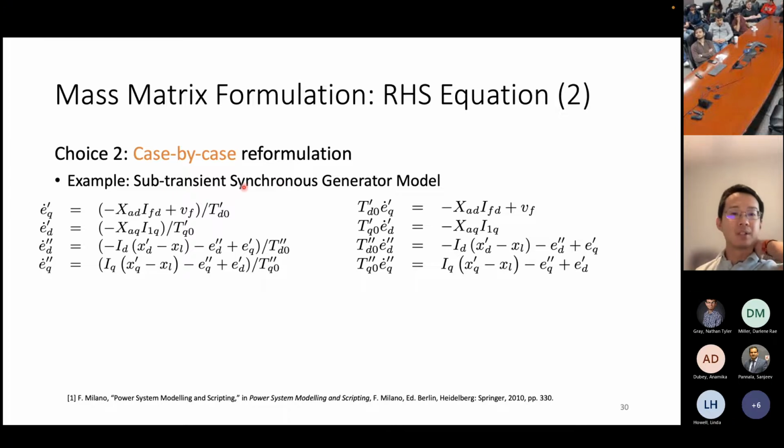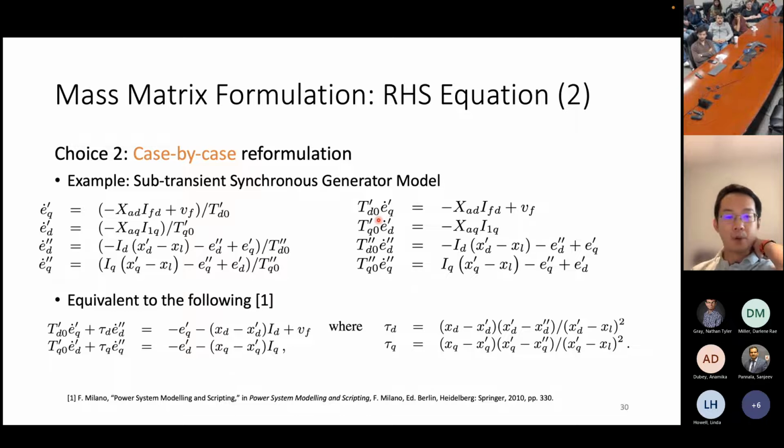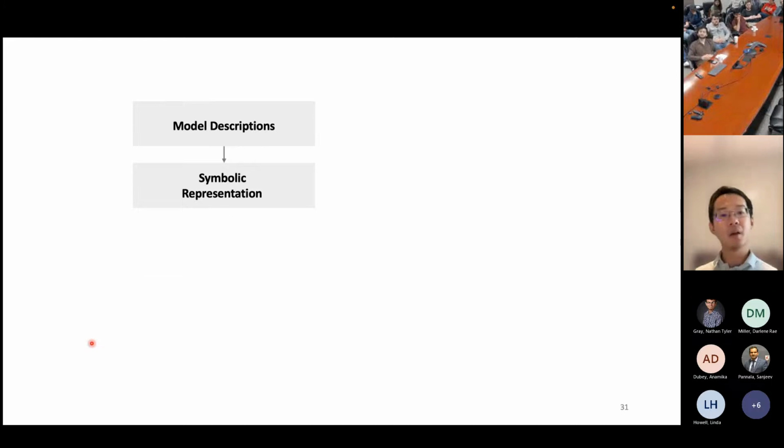So this is a subtransient synchronous generator model where we simply move those denominators to the left-hand side. But following some equations in the book, we can see that the right-hand side actually contains the derivatives of others. So we can introduce another time constant and move another derivative variable to the left-hand side. But this has to be done on a case-by-case basis.